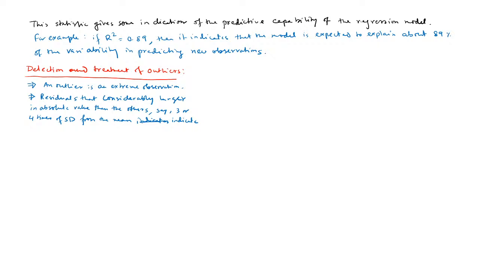So 4 times the SD from the mean indicates potential outliers in Y space.